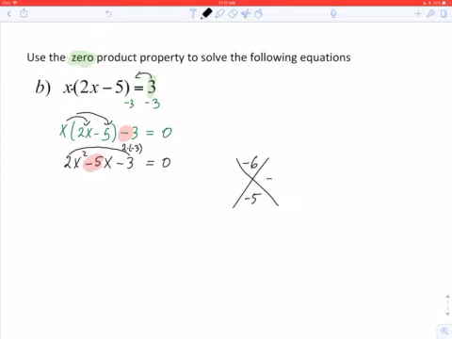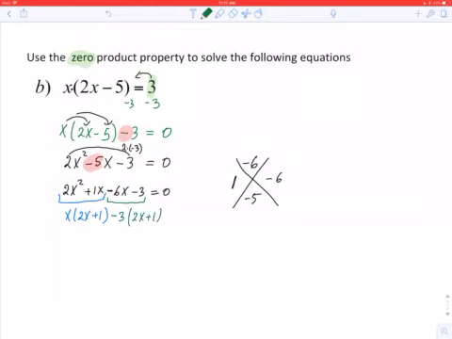So what two numbers multiply to negative 6 and add to negative 5? That is negative 6 and 1. So we have 2x squared plus 1x minus 6x minus 3 equals 0. From the first two, I will be factoring out the x, 2x plus 1. And from the last two, we factor out the negative 3.